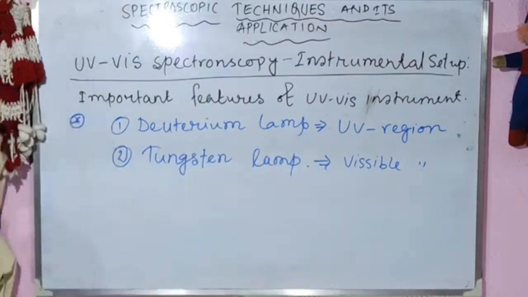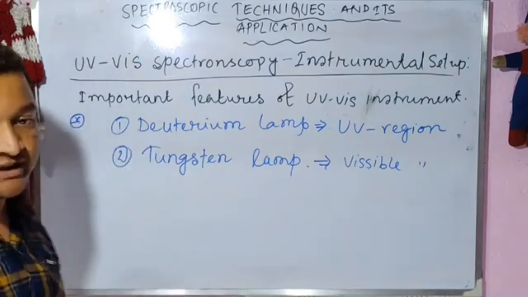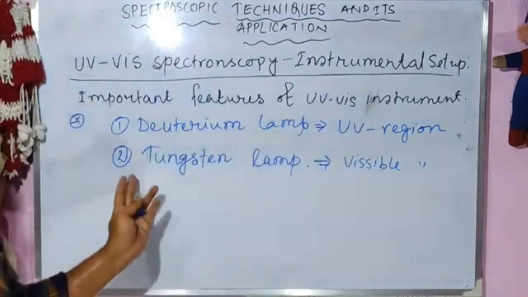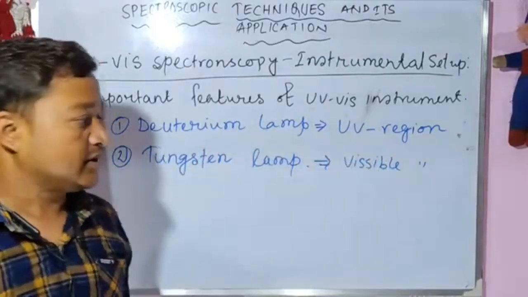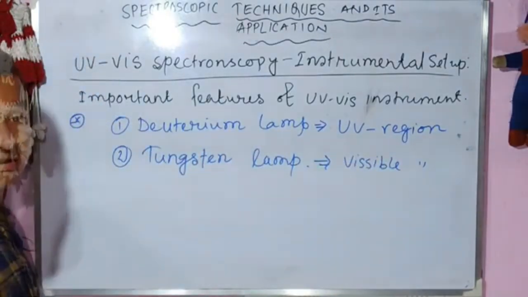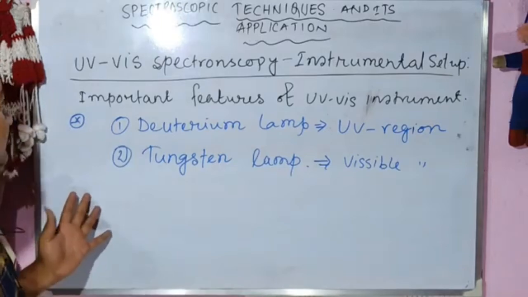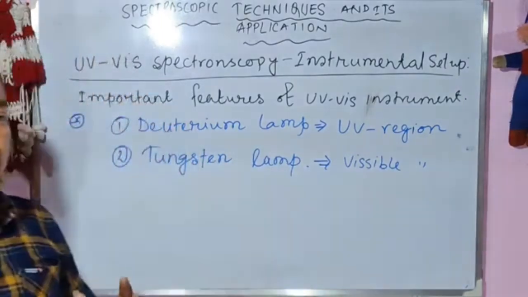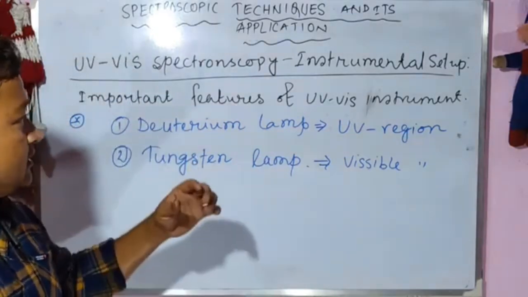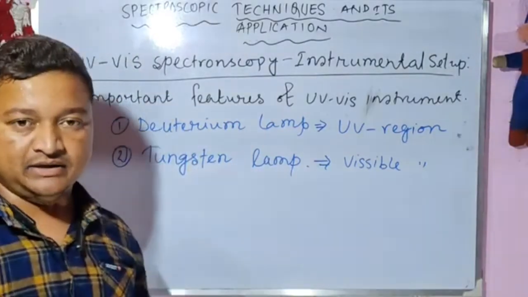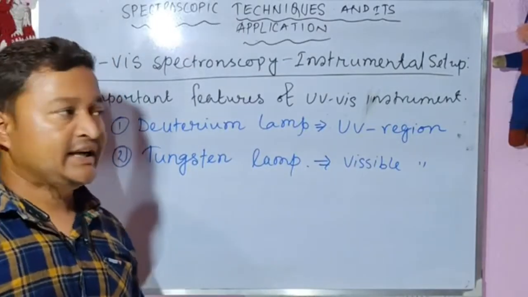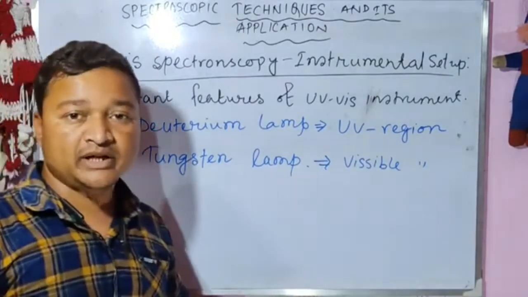So the first feature of the UV visible instrument is that it uses two light sources: the deuterium lamp, which covers the UV region, and the tungsten lamp, which covers the visible region. Second, the sample must be in liquid or solution state, and the solution must be transparent.